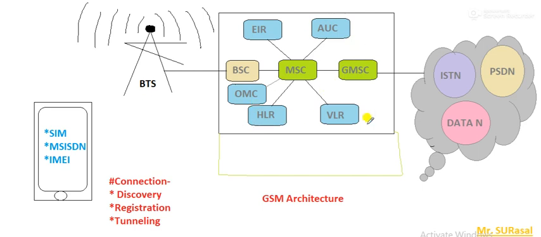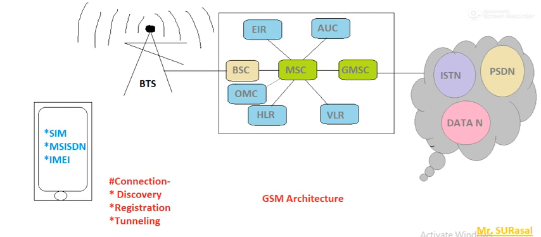This part is by default available within the GPRS architecture also. The rest of the things will be similar, like what parameters should be passed while having network access for that particular mobile device.